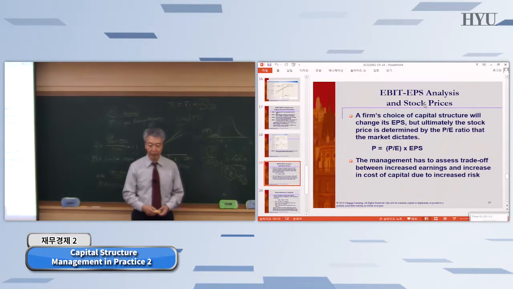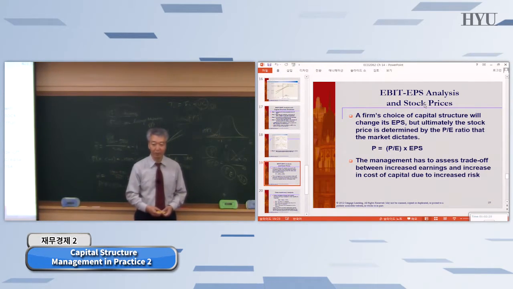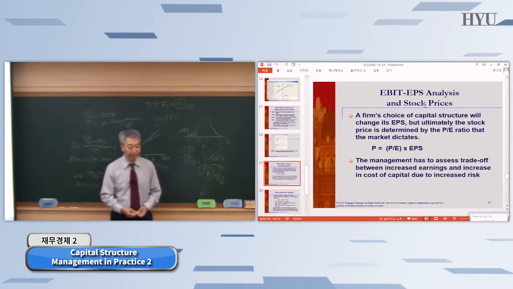Back in the days when I was trading, I used to write options on GE stock, and at that time the market considered about 16 the right P/E ratio for GE stock.